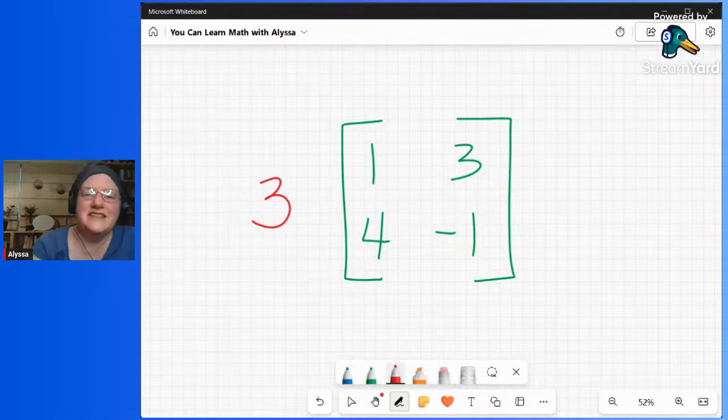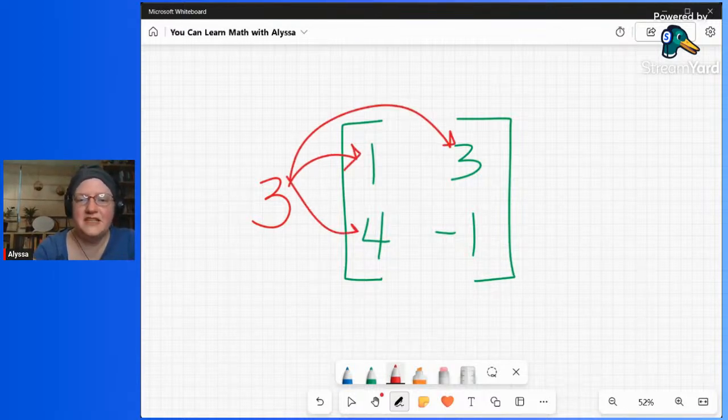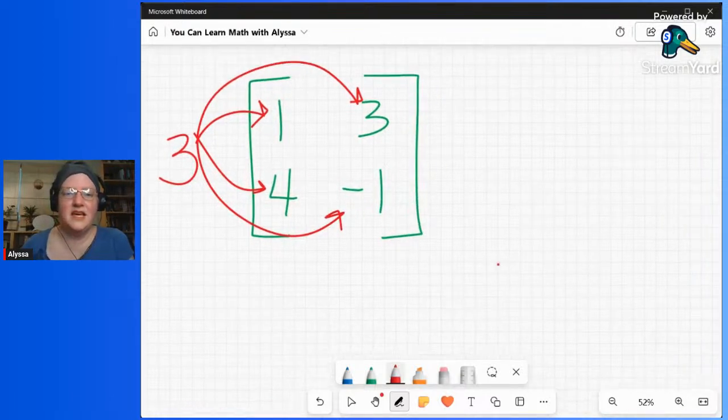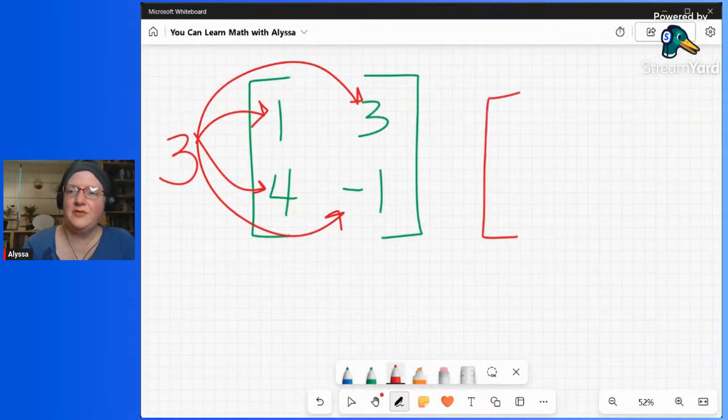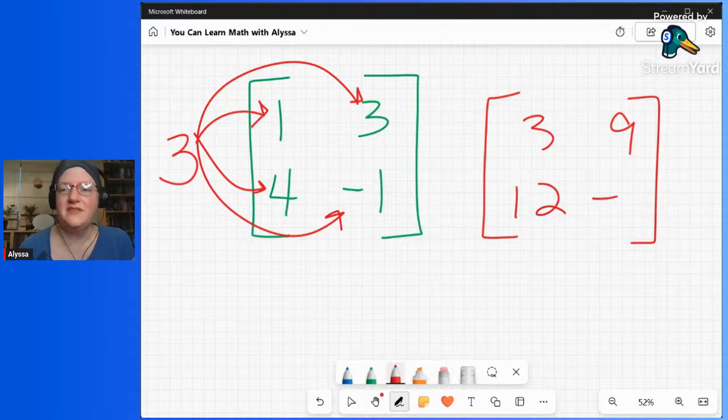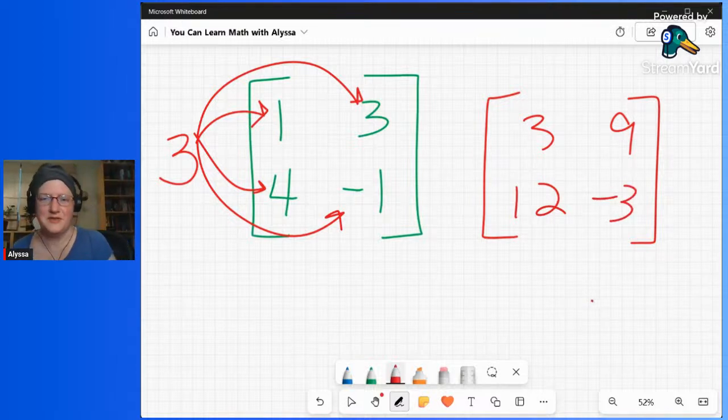So if you're scaling up, all you need to do is multiply the 3 by each number in the matrix. So in this case, that would be 3 times 1 is 3, 3 times 3 is 9, 3 times 4 is 12, and 3 times negative 1 is negative 3. And that's when we're scaling up.